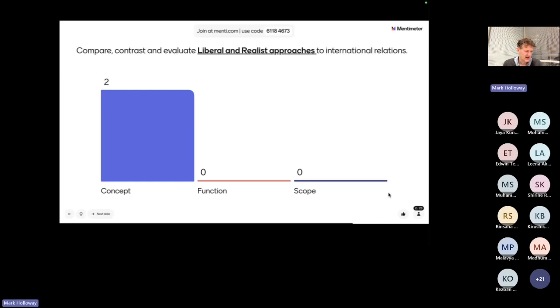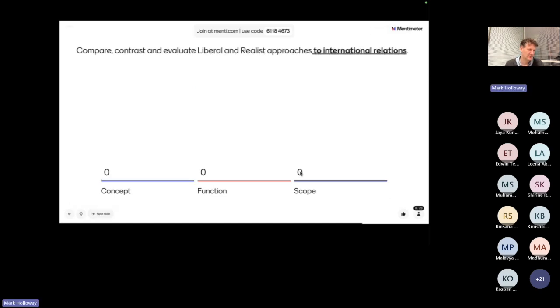2 people are saying concepts. I think I'm not going to give you an answer to this question. I'm going to see if we can get 10 responses, and then I'm going to show you a third question. So far, 4 votes for concept, none for function and scope.